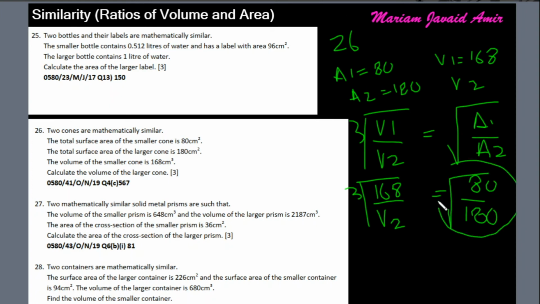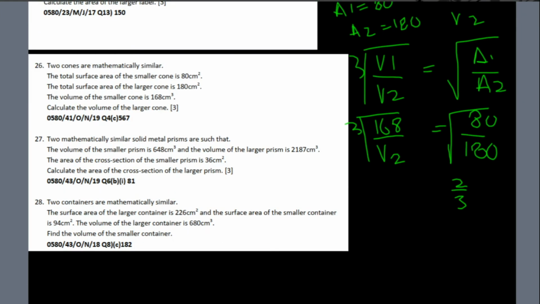So we can solve this side first. Under root, fraction key, 80 over 180. This gives me 2 over 3. So I'm going to write 2 over 3 equals cube root of 168 over V2.